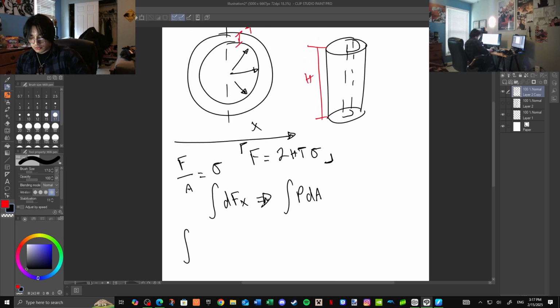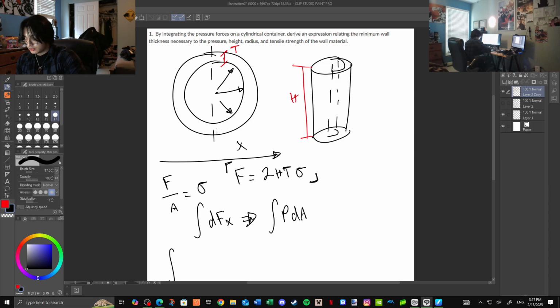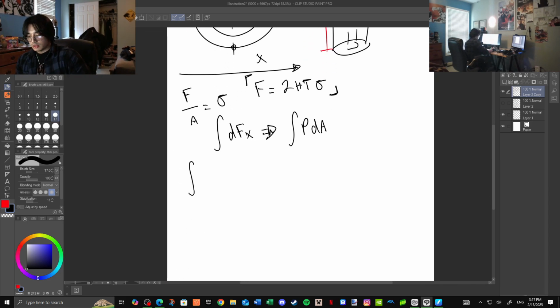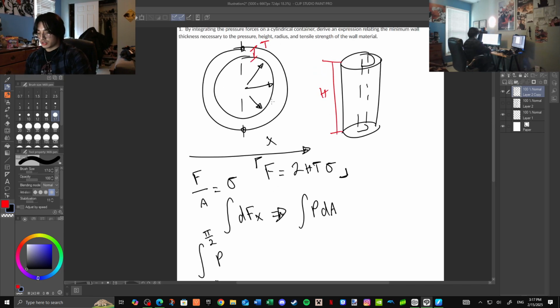Obviously, we need bounds for this integral, and because we're going from this point to this point using the unit circle, we can make the bounds negative pi over 2 to pi over 2. We can move P outside, that doesn't change. But we need to find a way of representing dA, or every single small section of area for this outer wall.